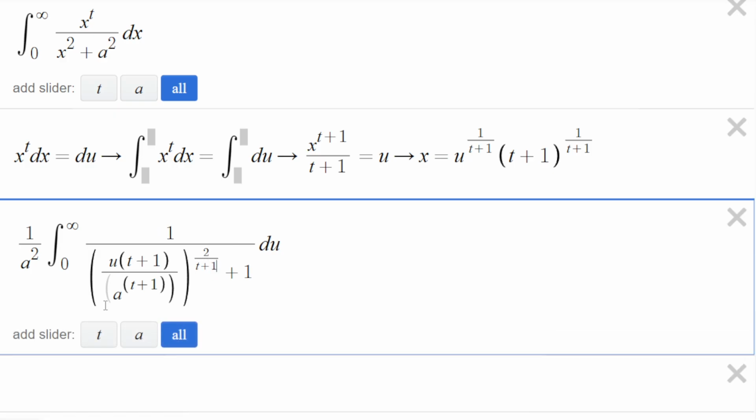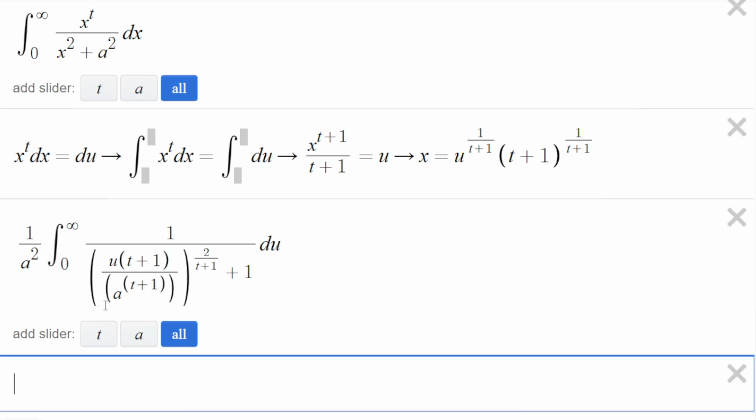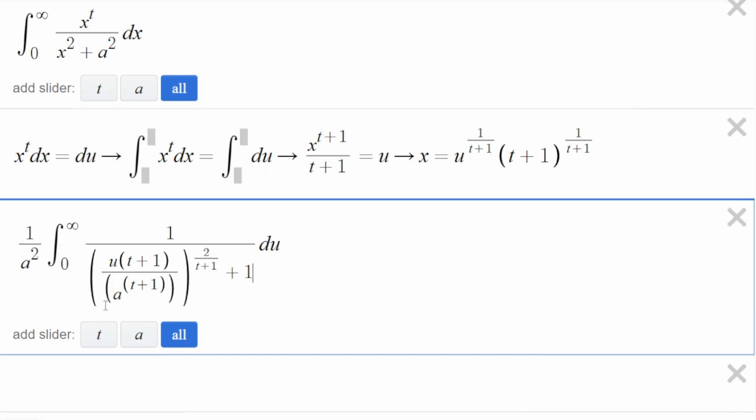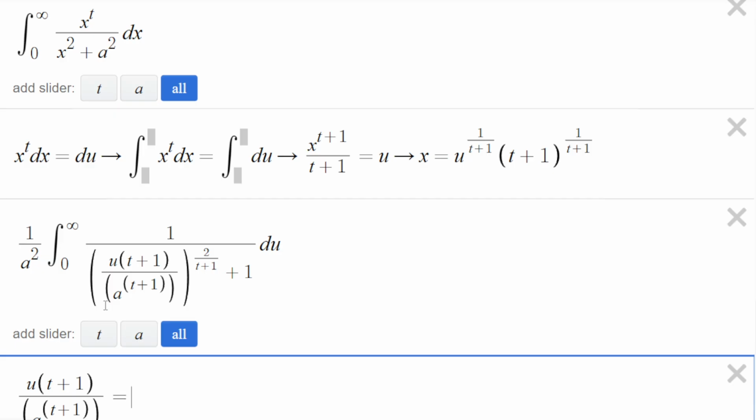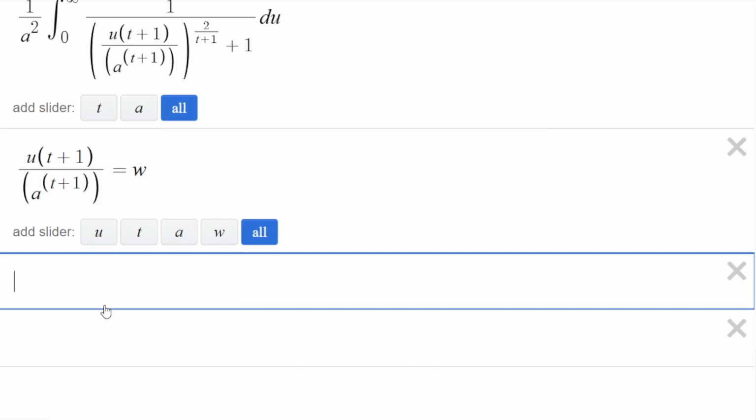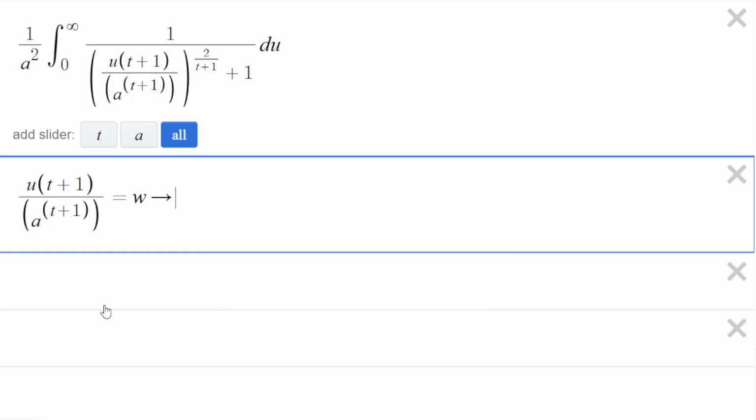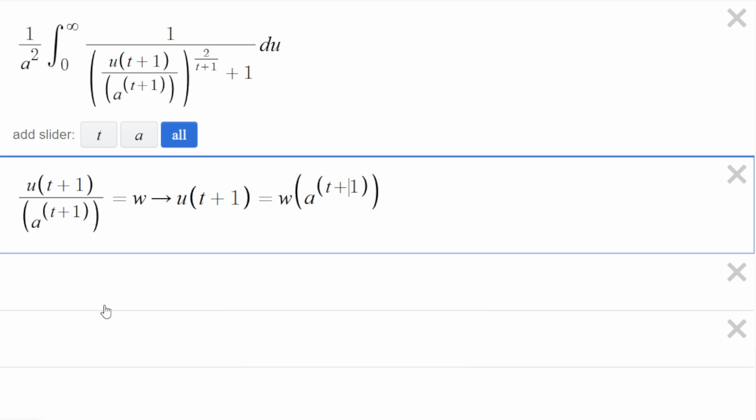Okay. And now, one final substitution. We're going to let this equal w. All right, so this equals w. Well, this implies that, let's just copy it, and let's multiply by this and divide by this.